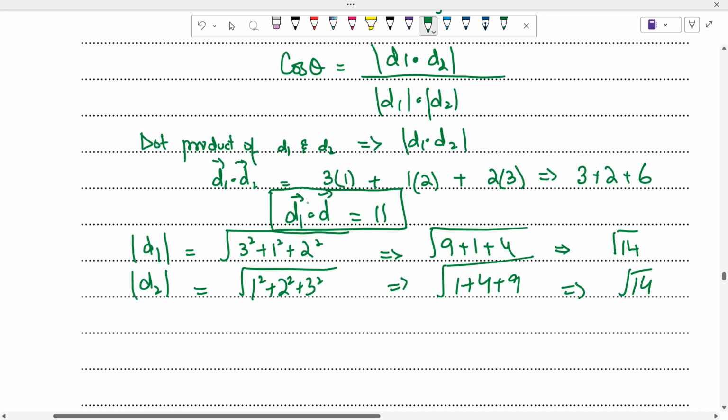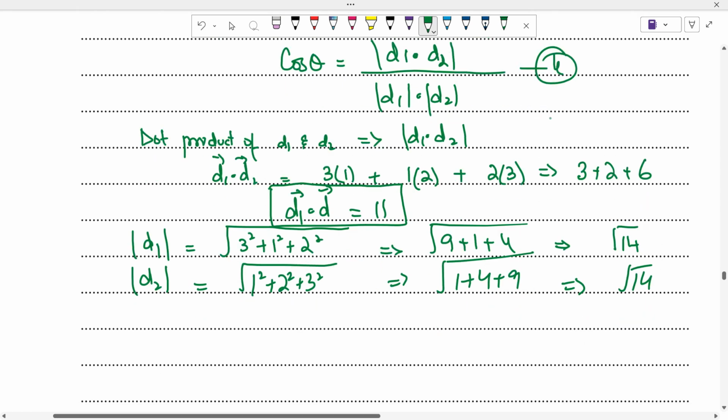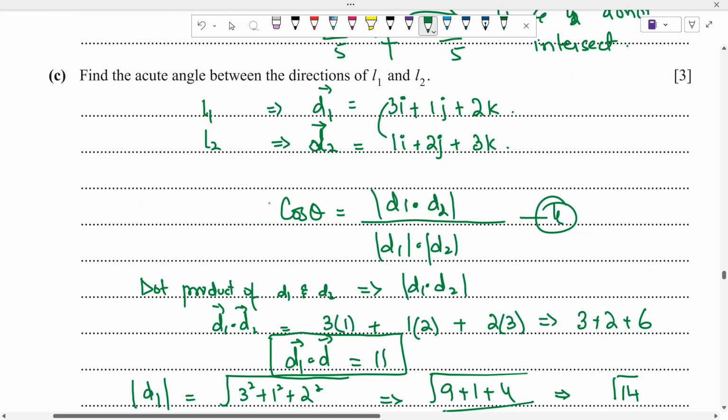Plugging the dot product value and the magnitudes of D1 and D2 in equation 4, we can find the acute angle between L1 and L2.